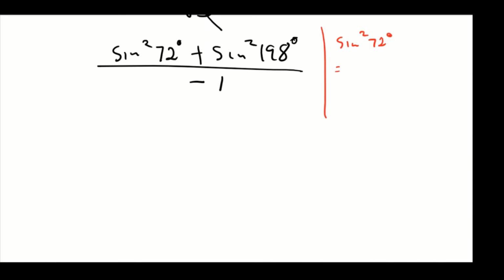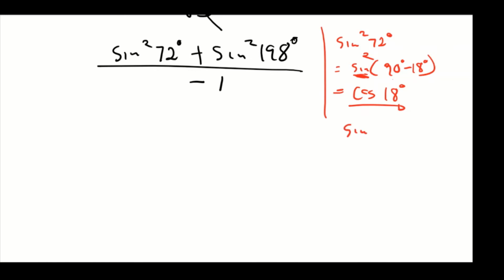To reduce this, we'll simply say sine of 90 degrees minus 18 degrees, and then it's squared, don't forget. So 90 degrees minus 18 degrees is going to give you cos, because this is a sine, so it's going to change to cos of 18 degrees. Why is the cos positive? Because 90 minus 18 degrees is in the first quadrant.